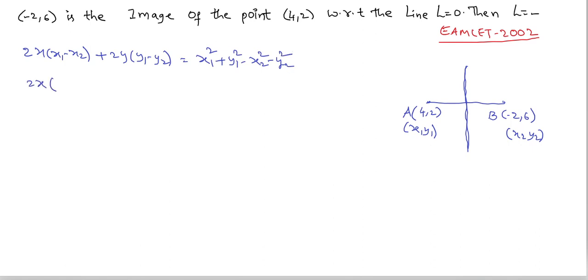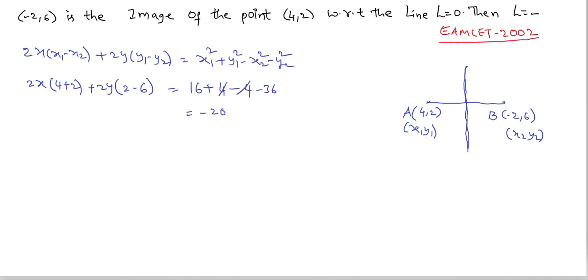Substituting: 2x into (4 plus 2) plus 2y into (2 minus 6) equal to 16 plus 4 minus 4 minus 36, equal to minus 20.